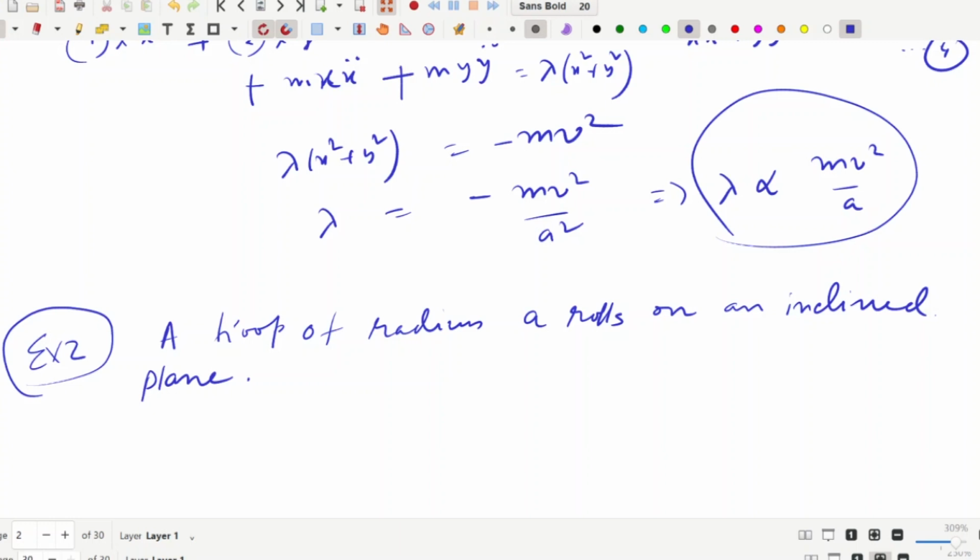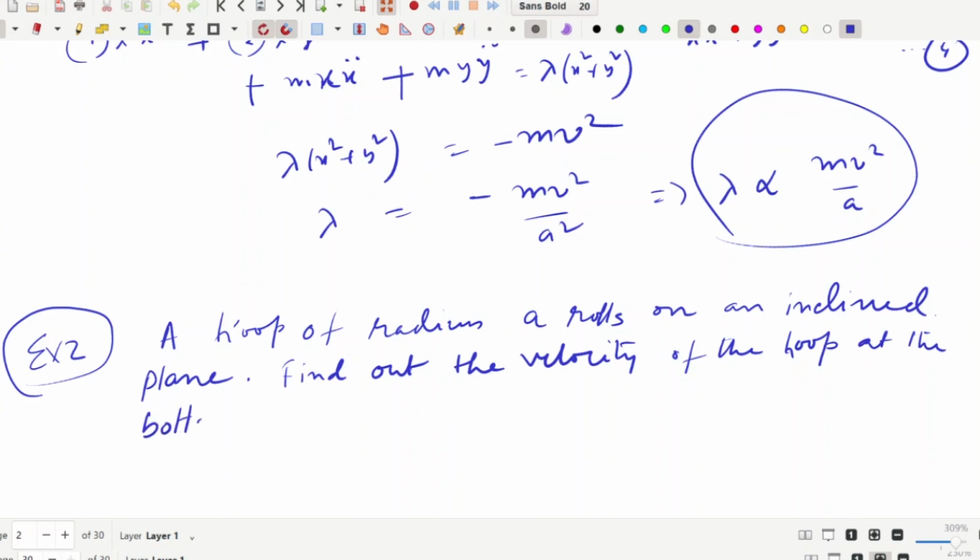Find out the velocity of the hoop at the bottom.